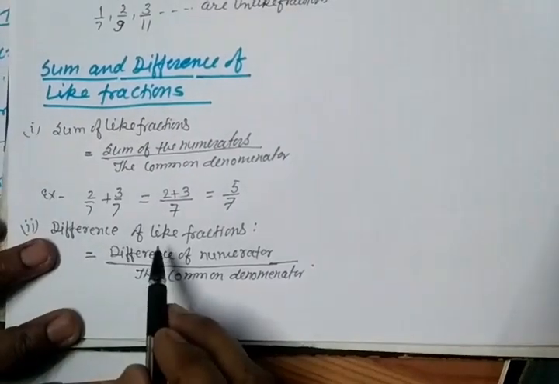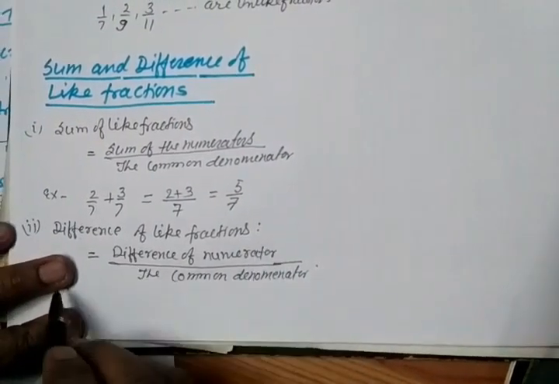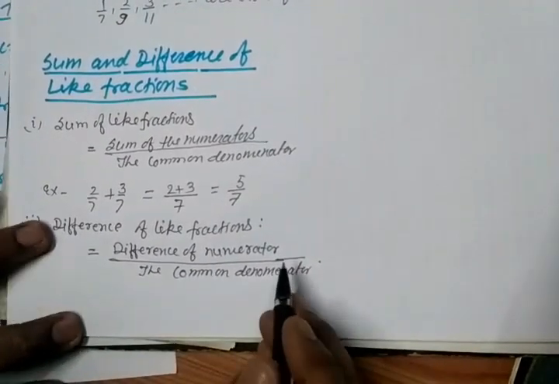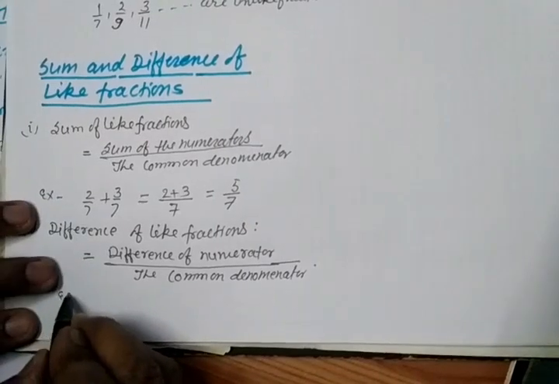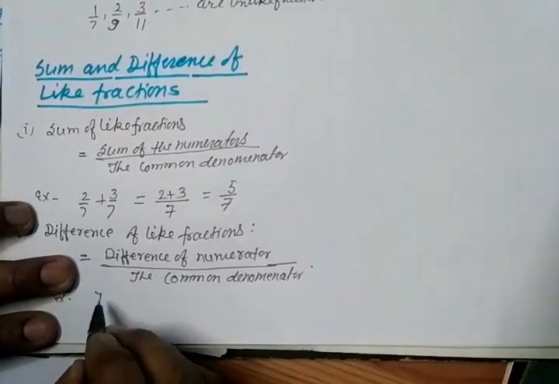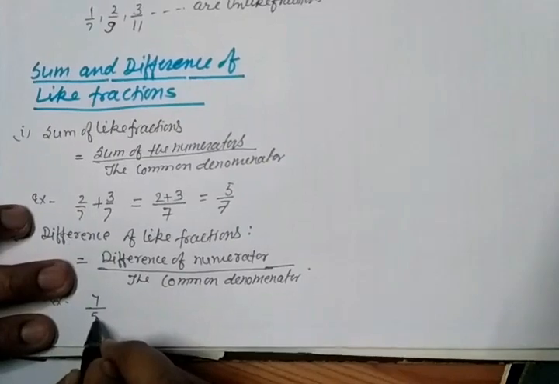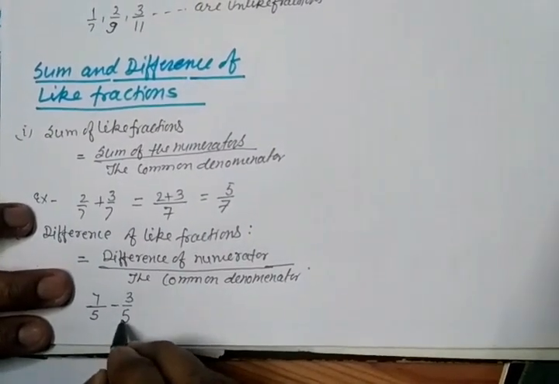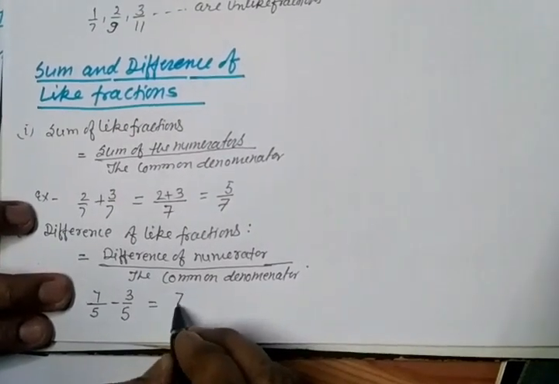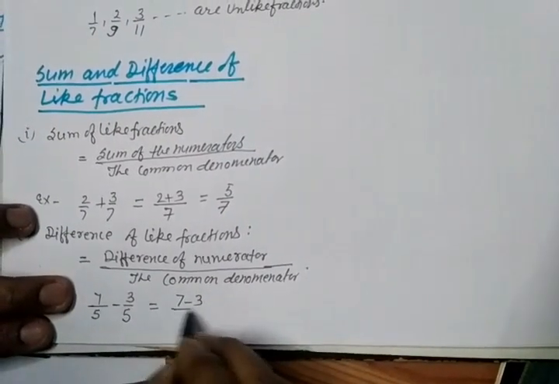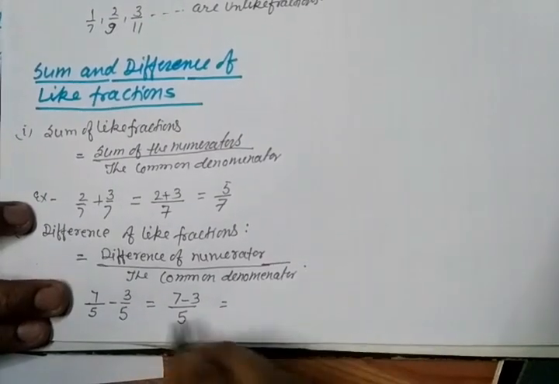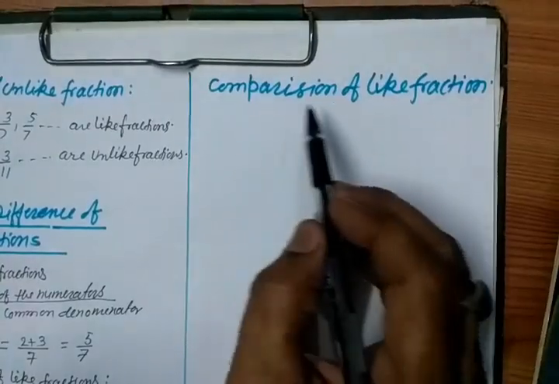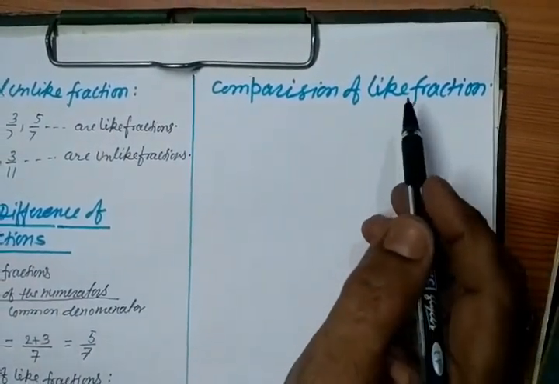Second, the difference of like fractions is equal to the difference of numerators upon the common denominator, as 7 upon 5 minus 3 upon 5 equals 7 minus 3 upon 5 equals 4 upon 5. Comparison of like fractions.